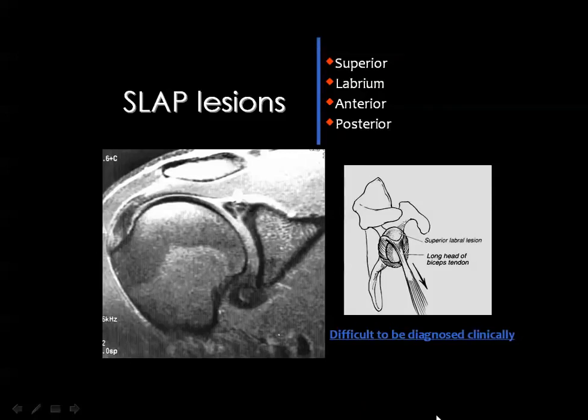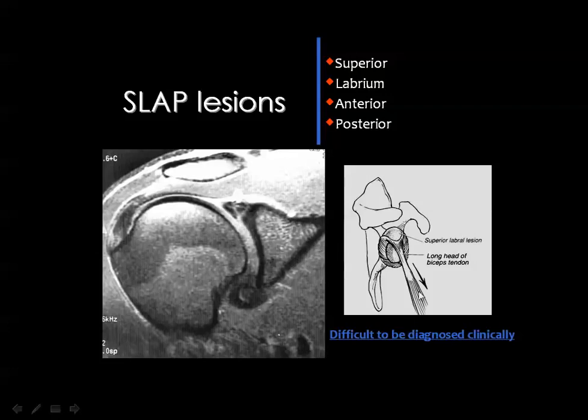Then the SLAP injuries mean that you are dealing with a lesion in the superior labrum and may involve the biceps tendon as well, hence the name superior labral anterior posterior. Injuries anterior and posterior relative to the tendon of the long head of the biceps.